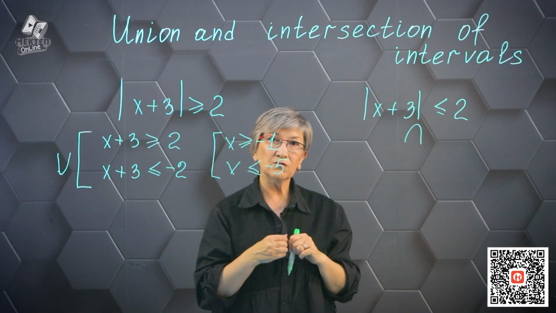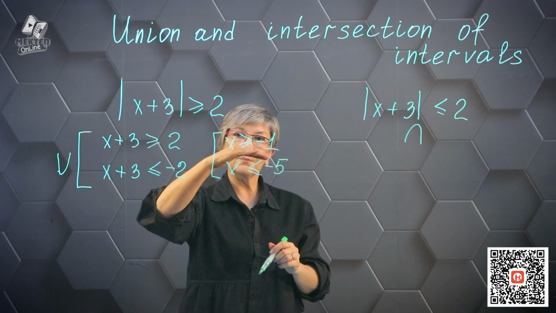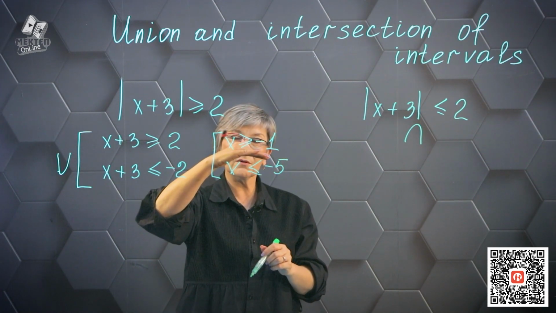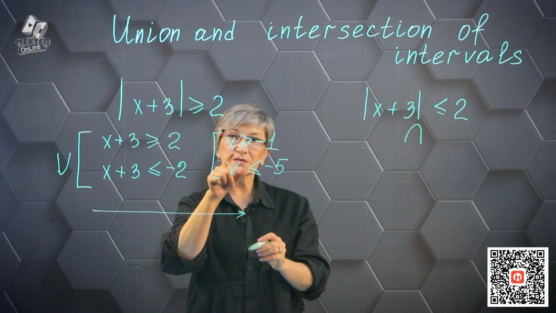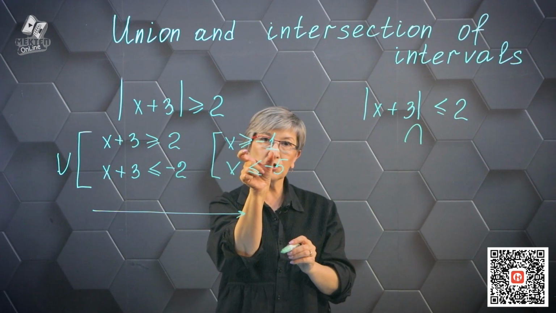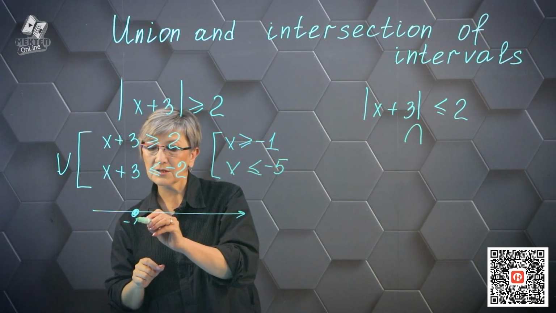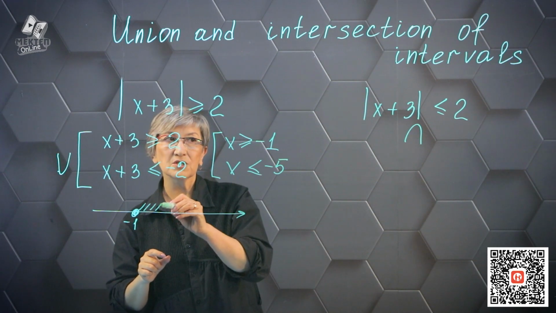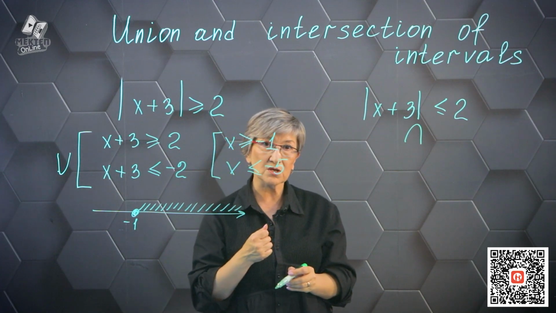And then in order to write down the final answer, I have to show the solution to the first inequality. The solution to the first inequality is all the numbers that are greater than or equal to the number minus 1. I'm labeling all values that are greater than the number minus 1.